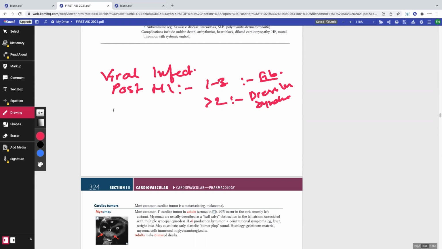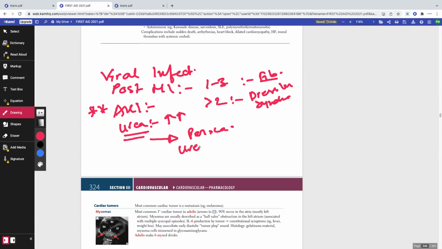Another high yield for USMLE Step 1 is this. A patient with AKI, acute kidney injury, is the urea level high in these patients? Yes or no? The answer is yes. Urea has a tendency of causing inflammation of the pericardium. So patients get uremic pericarditis.